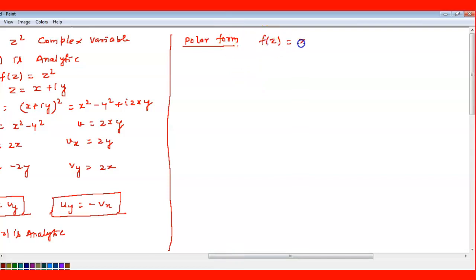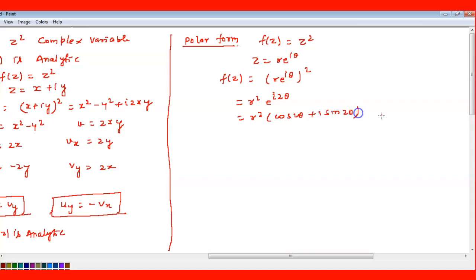is equal to z square, and that time z is equal to r into e power of i theta. So f of z is equal to r into e power of i theta whole square, and we can write r square e power of i 2 theta, which is r square, and this is cos 2 theta plus i sin 2 theta, right?